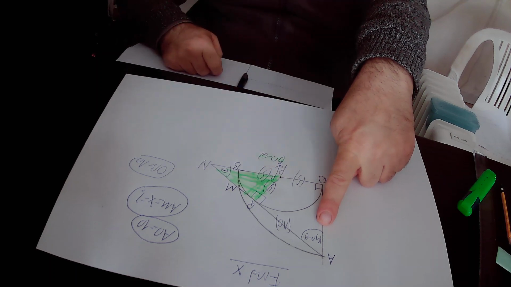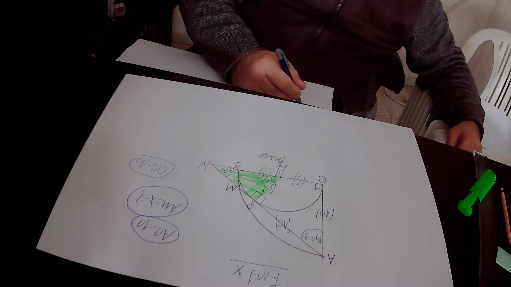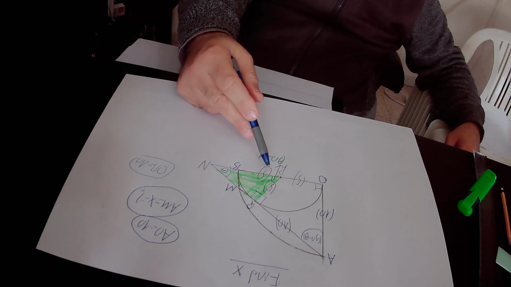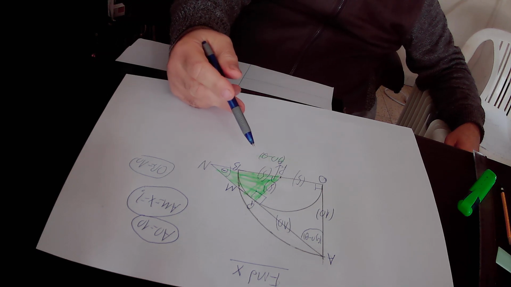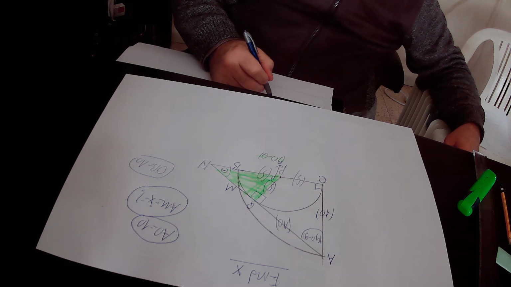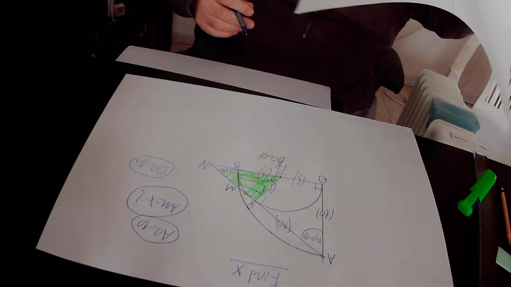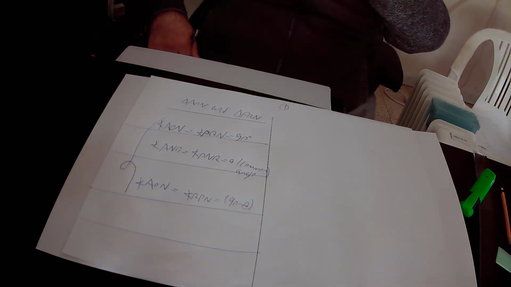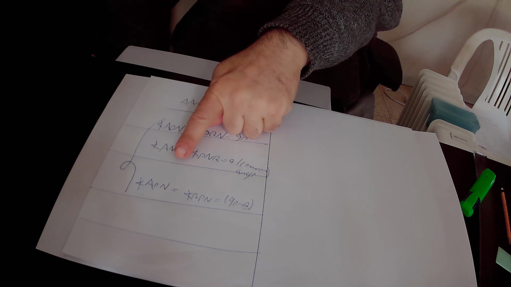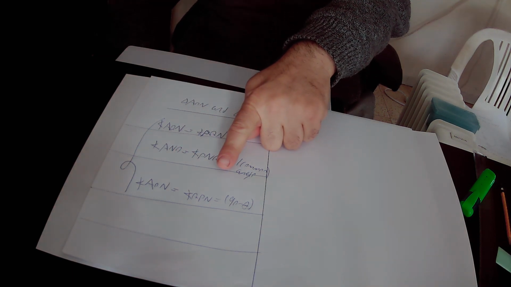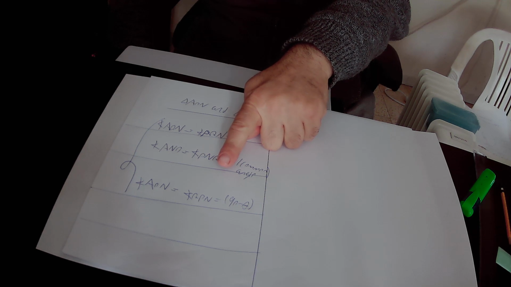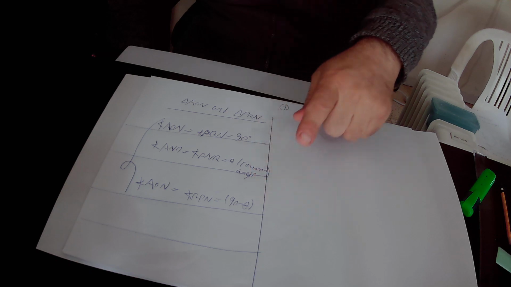So this is the angle in the big right triangle AON, and it is equal to this angle in the green triangle, which is actually angle QPN. They are both equal to 90 degrees minus theta, therefore they are equal to each other.